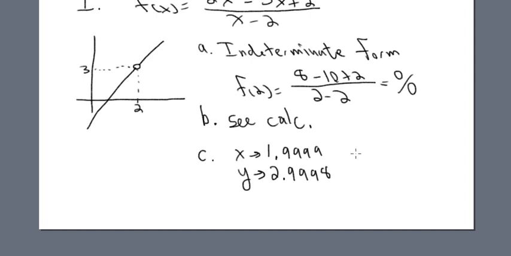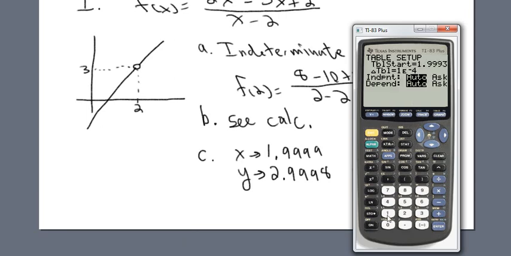So if we try 1.99999, my guess is we're going to have 2.99998, just following the pattern that I see. So let's go ahead and try that out.